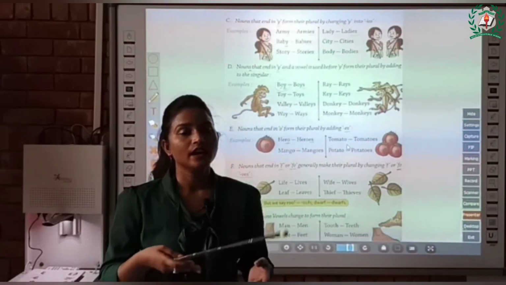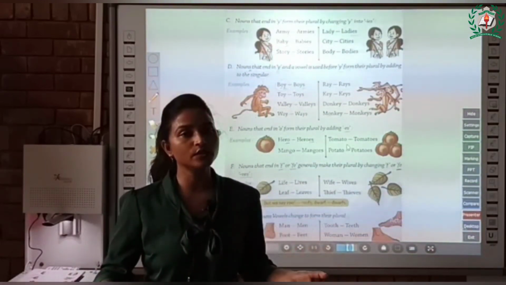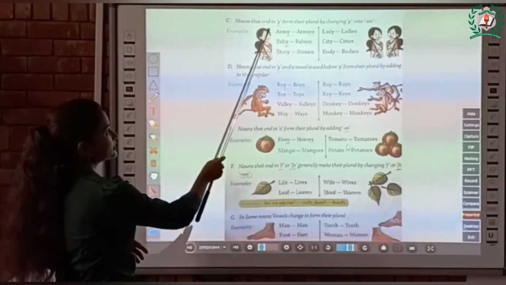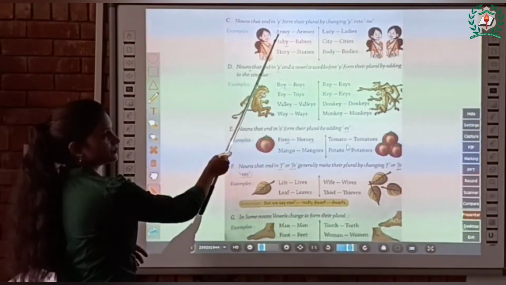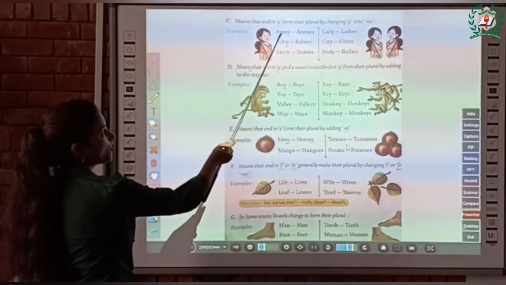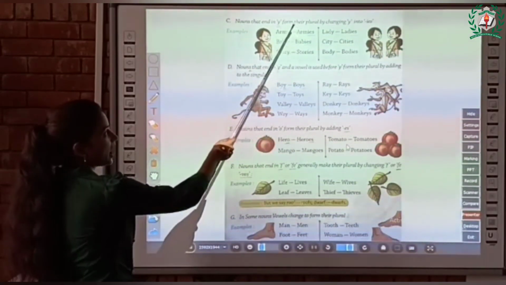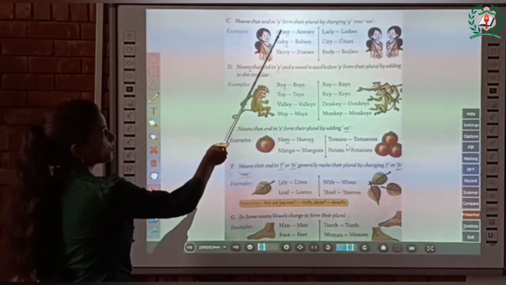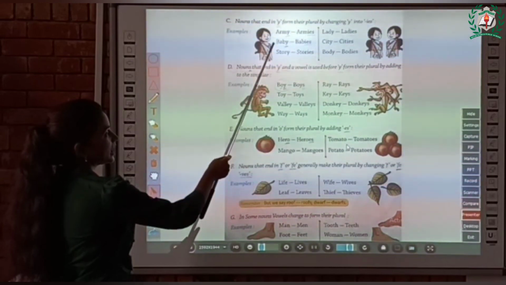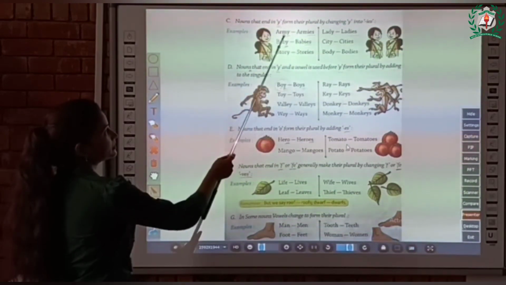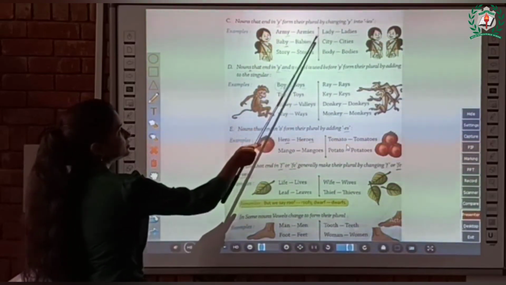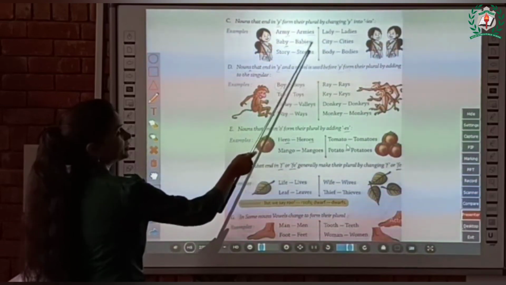All the letters other than vowels are called consonants. So children, look at the first example, army. In this singular naming word, we remove y and add ies in the place of y, and so army becomes armies. Like this, baby becomes babies, story becomes stories, lady becomes ladies, city becomes cities, body becomes bodies.